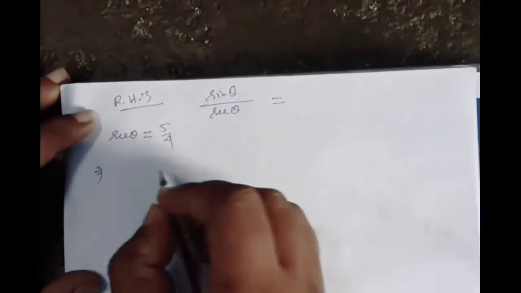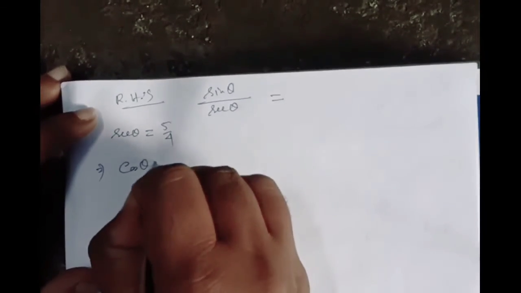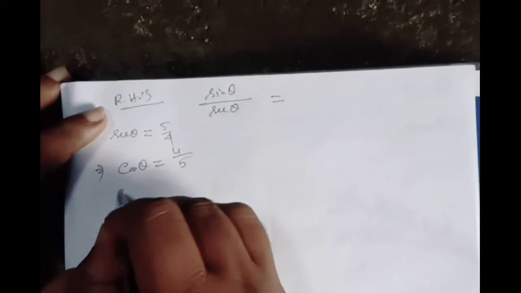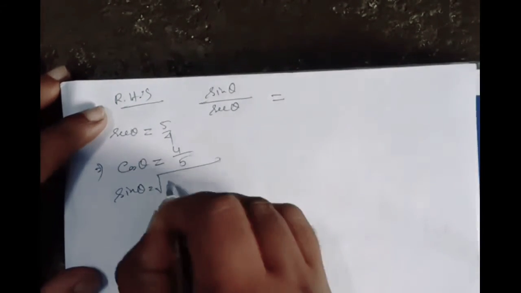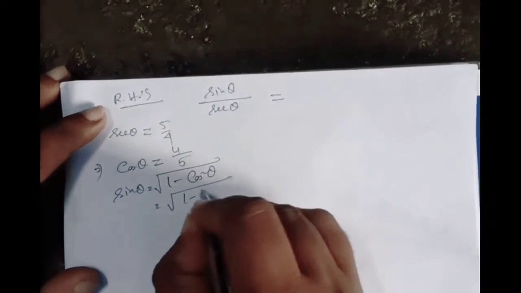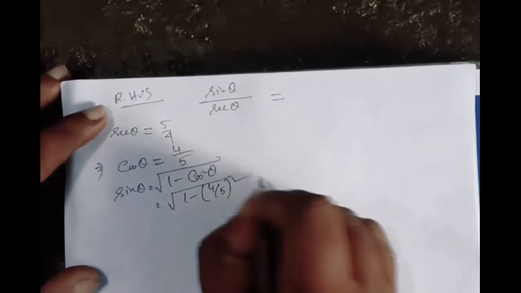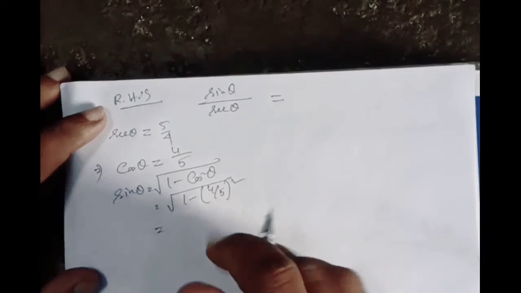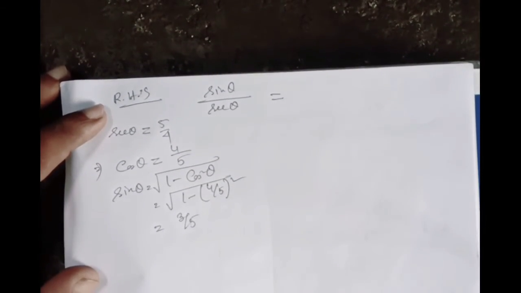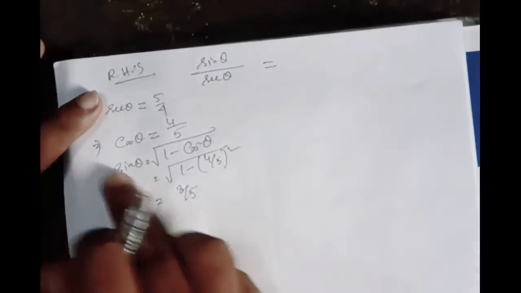So obviously cos theta is equal to 4 by 5. So sin theta is equal to root over of 1 minus cos square theta, root over of 1 minus 4 by 5 whole square, that's equals to 3 by 5. If you do the calculation, sin theta is equal to 3 by 5.